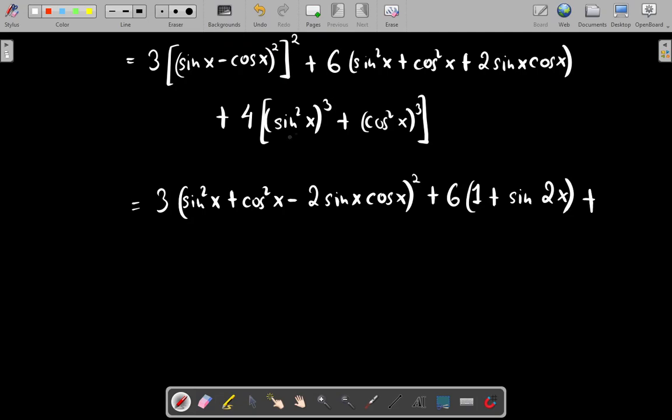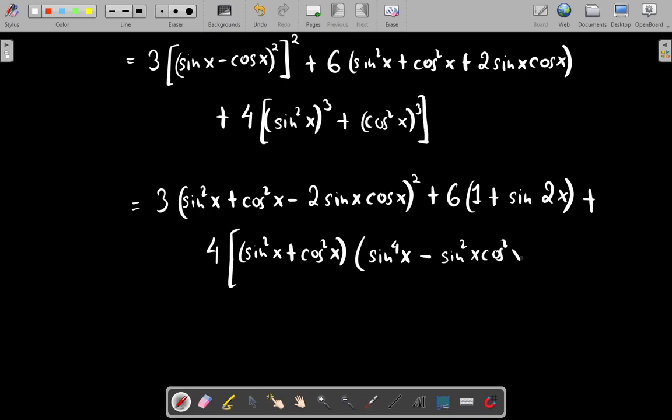And then in the third term, this is a cube plus b cube. So it can be factorized as a plus b, which is sin square x plus cos square x, times a square, so this is sin to the power 4x, minus ab, so this is minus sin square x cos square x, plus b square, so this is cos to the power 4x.